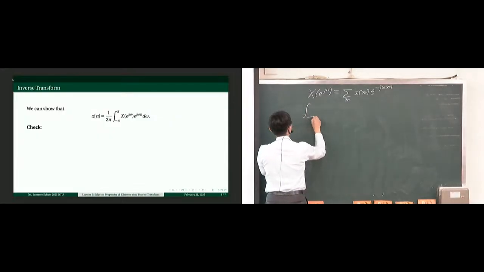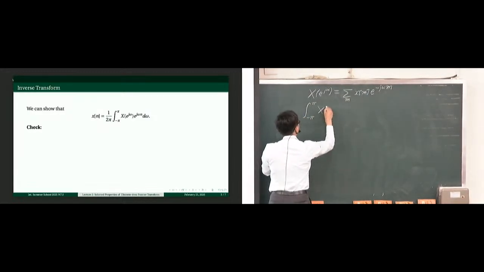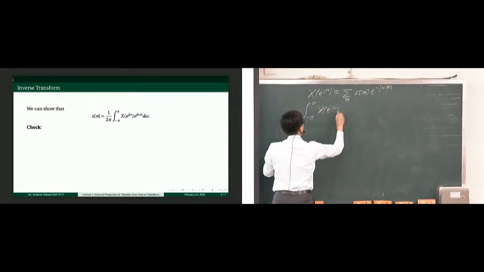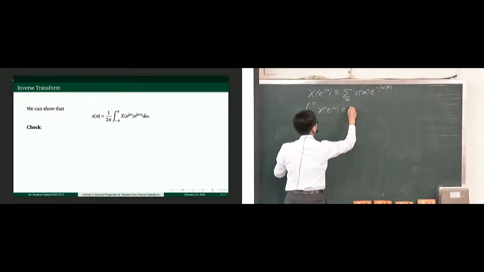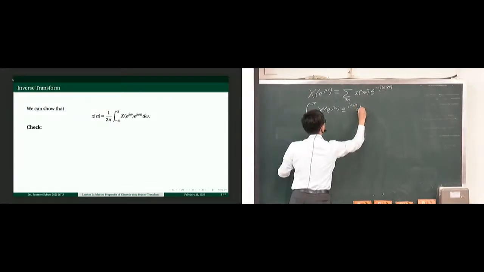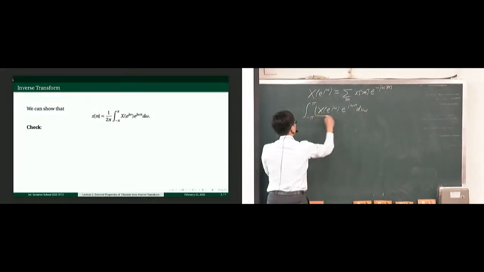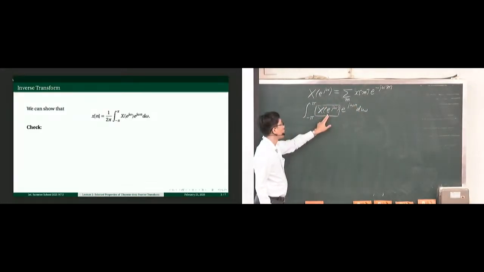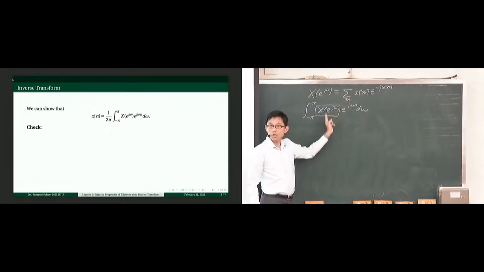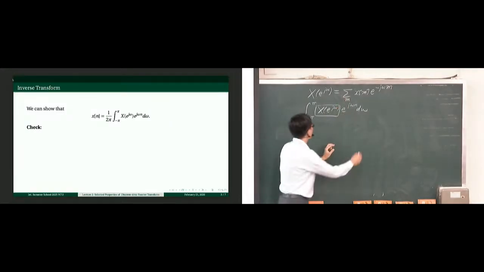Now we evaluate this integral. We're going to go from minus pi to pi and take this times e to the j omega n d omega. We just substitute this term with that summation.